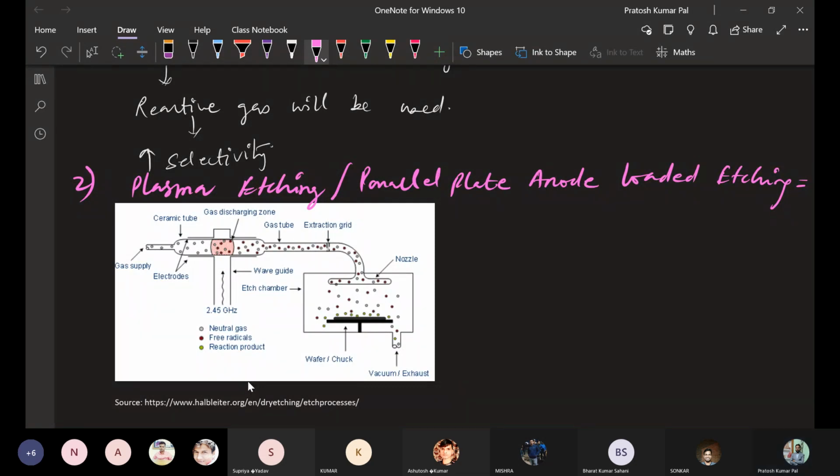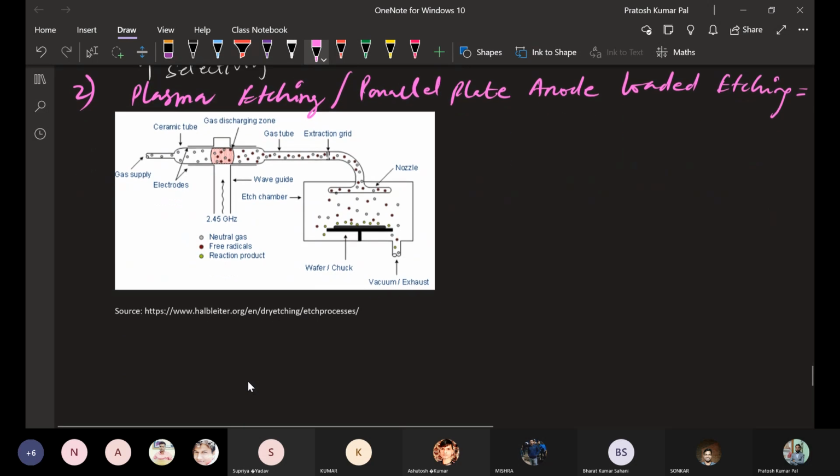In that, the property of this plasma etching is, here the pressure that we need to provide is around 0.1 to 2 torr.